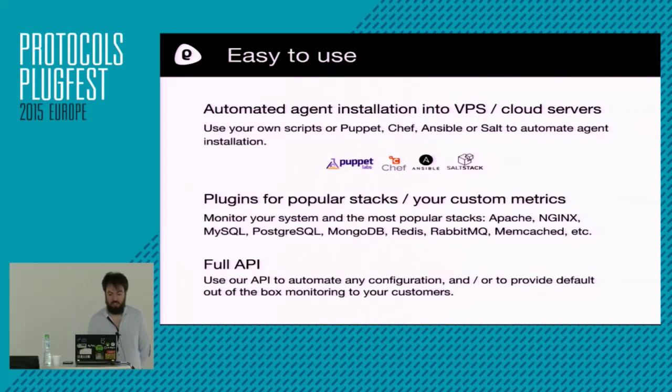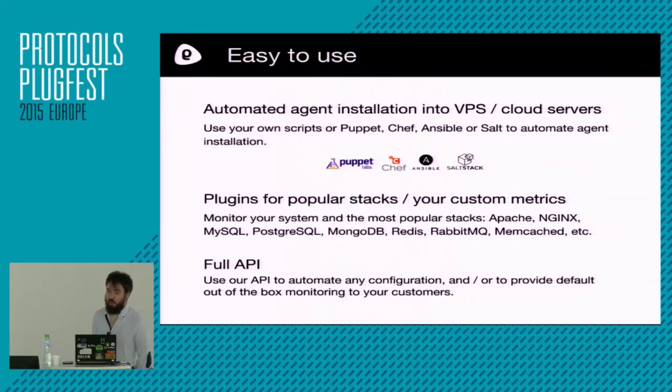So if you're using Chef, or Puppet, sorry, I'm mixing things up, if you're using Puppet or Chef or Ansible or Salt, you can use those configuration management tools to deploy the agent and the plugins and everything. We have plugins for many things, and writing plugins is easy to do in Python or any other language. We will see later on how we created a plugin to monitor Samba.